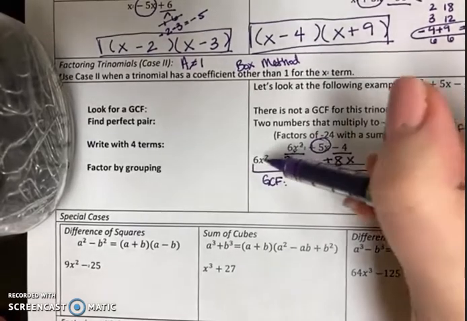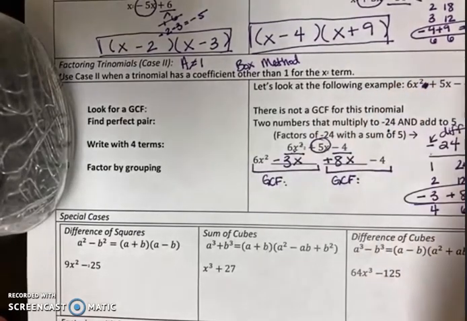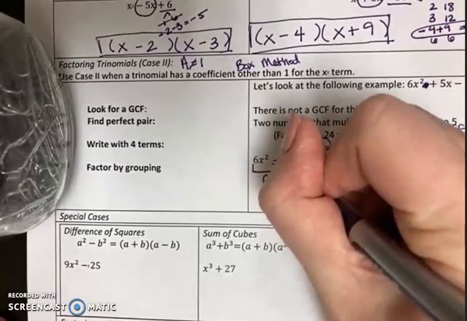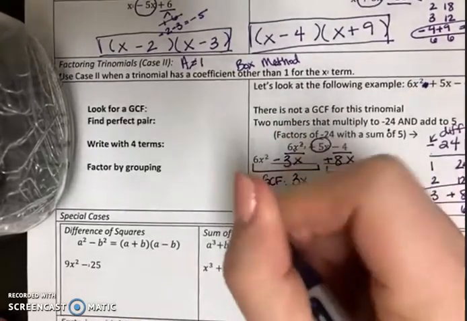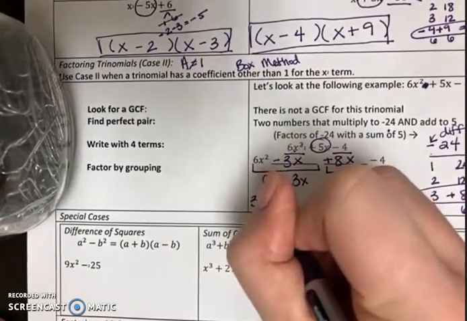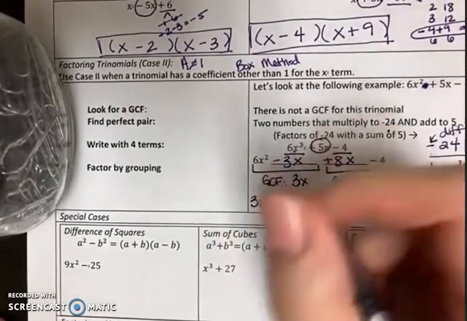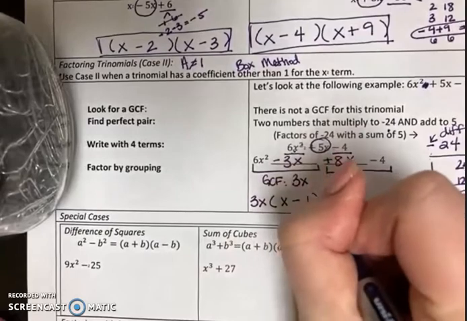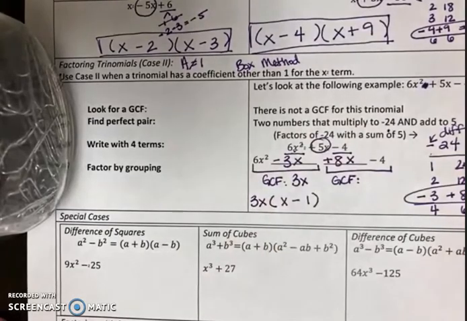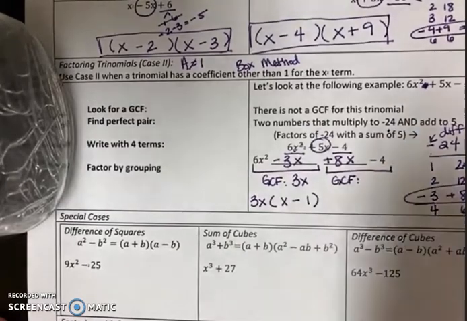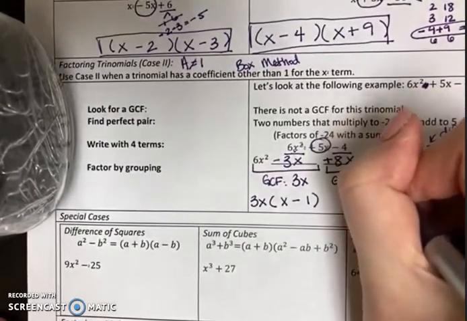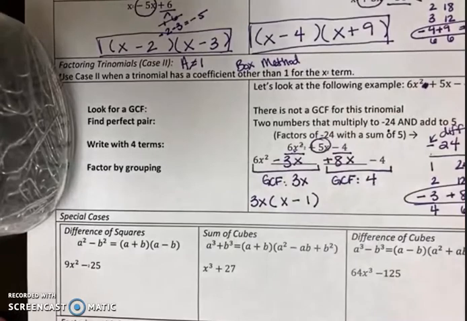Okay, so looking at my first 2 terms, the GCF here would be a 3x. So if I pull out a 3x, what would remain is x minus 1. Looking at my last 2 terms, if I were to pull out a GCF, that would just be a 4.